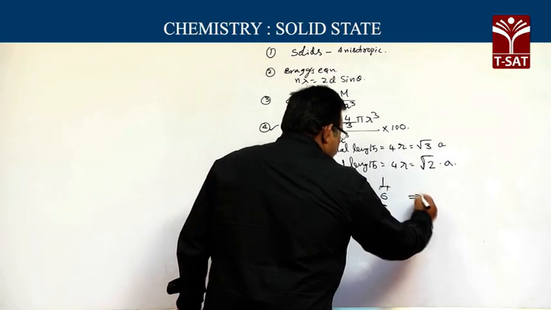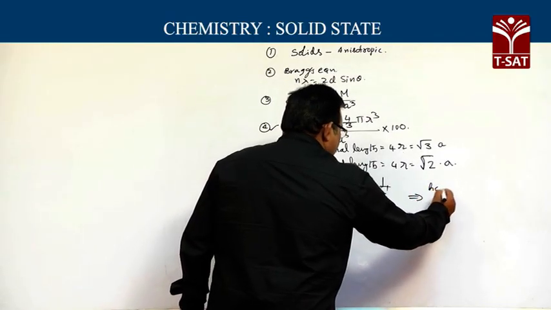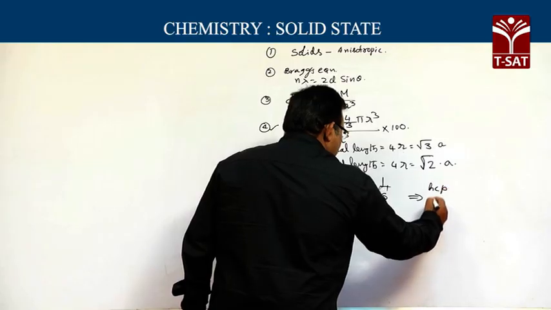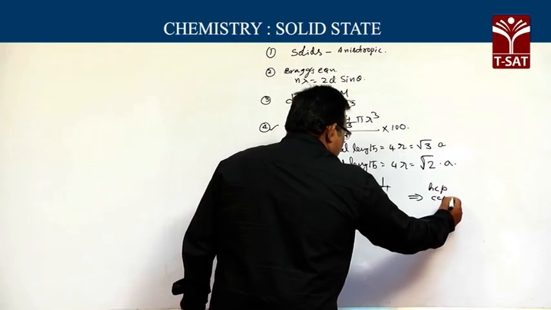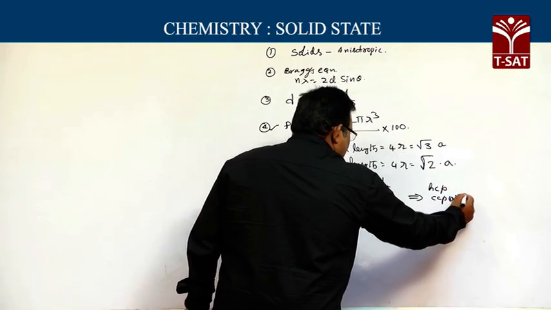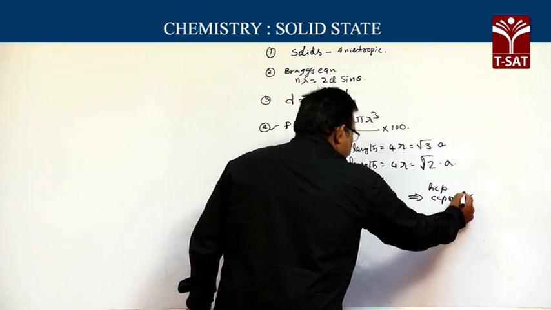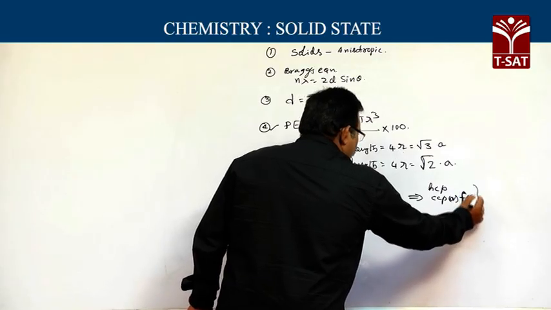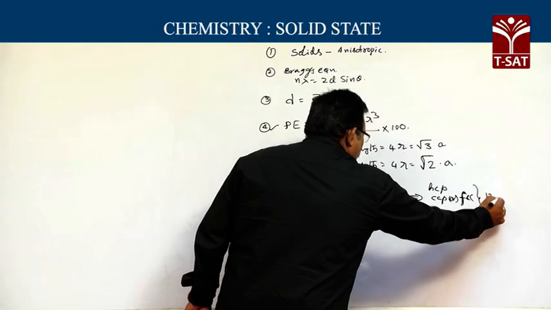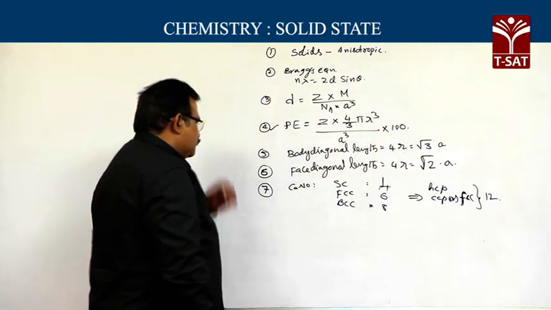Whereas in the close packing structures, for HCP, for CCP or FCC, for all these three, the coordination number is 12.